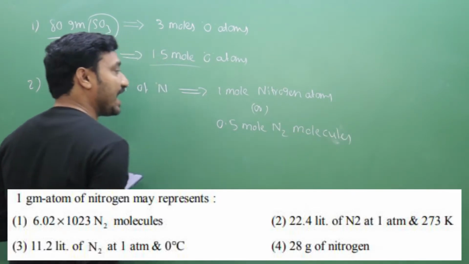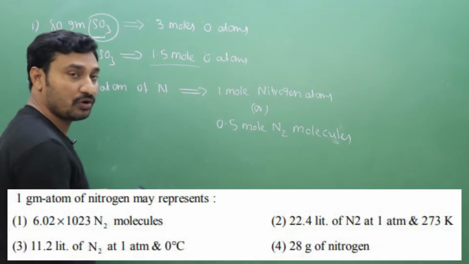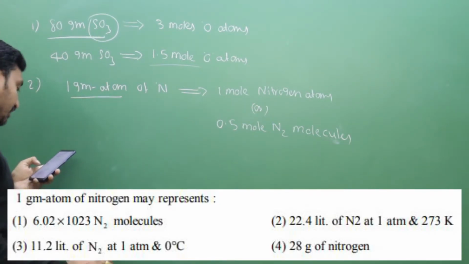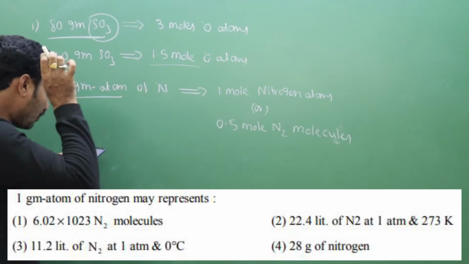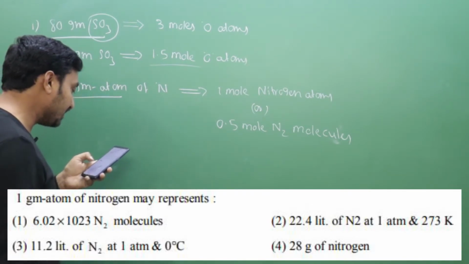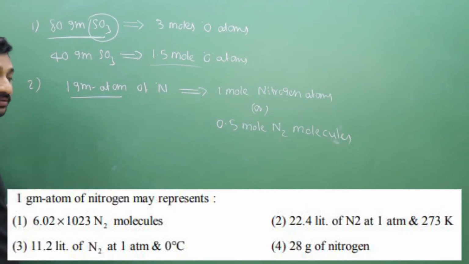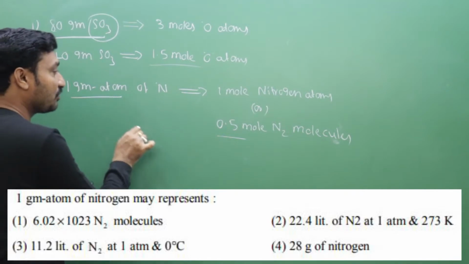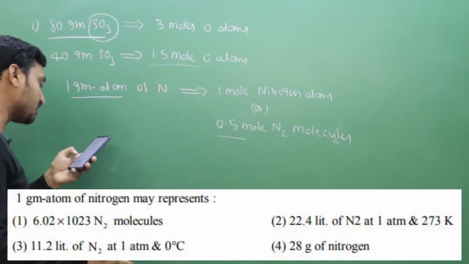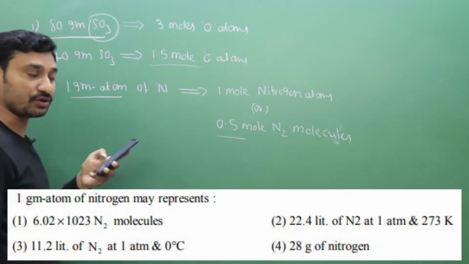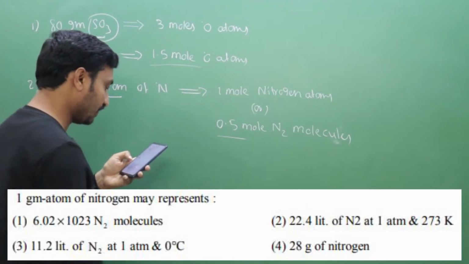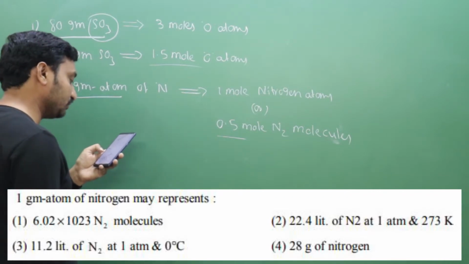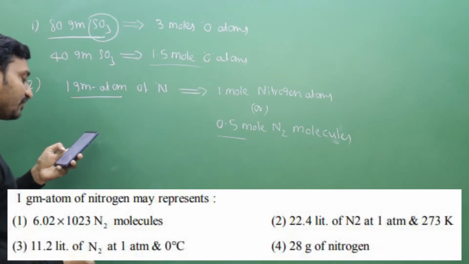Option 1, 6.02 into 10 to the power 23 N2 molecules, is wrong, because 1 gram atom of nitrogen is 0.5 mole of N2 molecules, but option 1 says 1 mole of N2 molecules. So option 1 is eliminated.